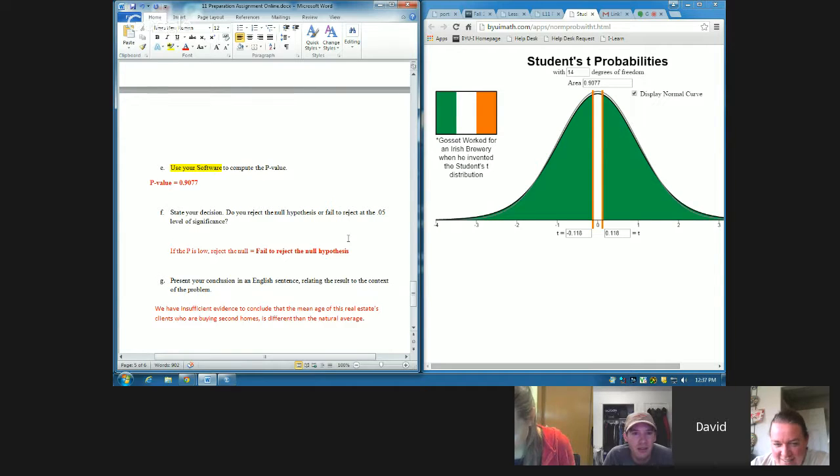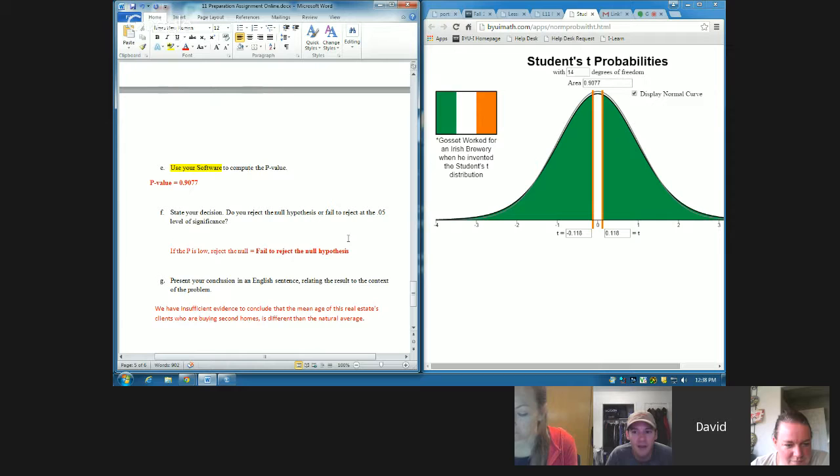The degrees of freedom has to deal with the t distribution, right? Yeah. It's basically saying the higher the number, the more the t distribution is going to match the bell curve.